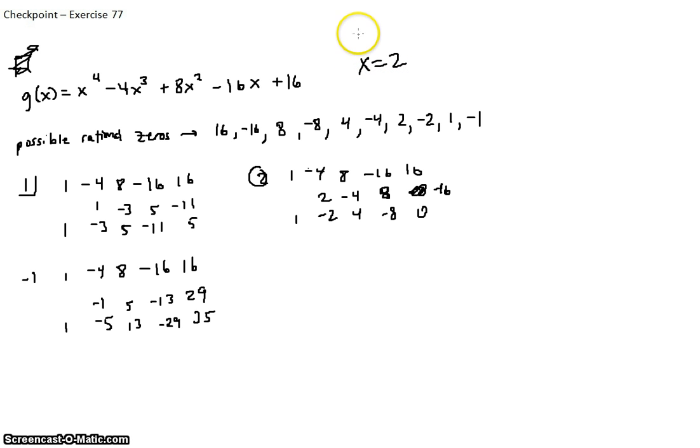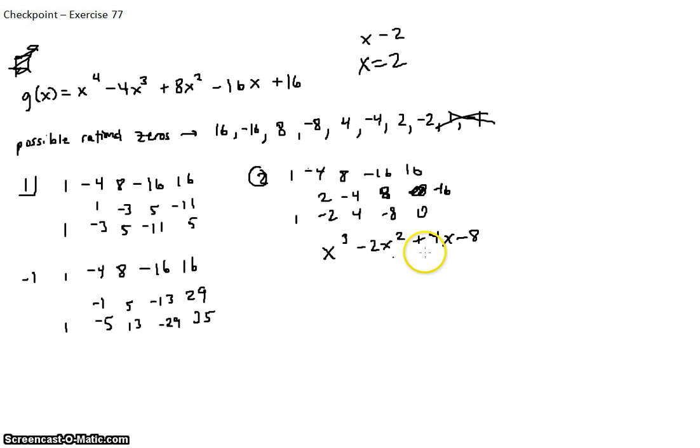It's 2. So our first factor is x minus 2. Now, after I've gotten through all of these, what we have left is this: x cubed minus 2x squared plus 4x minus 8. Now I've got to start checking the rest of these to see what else is true.